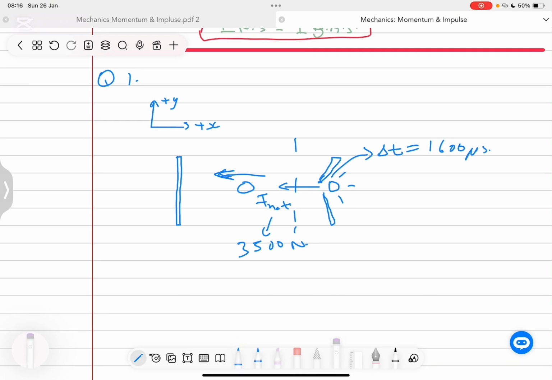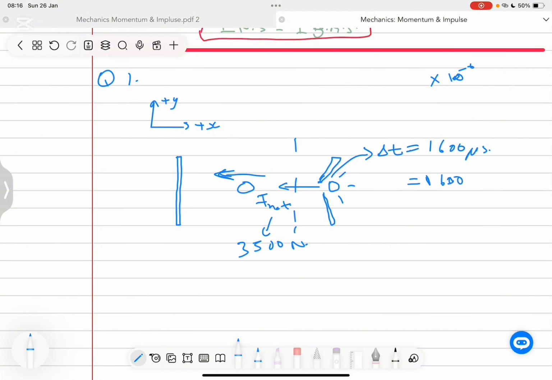It is important here to remember that we measure time in the SI unit of seconds. This means we have to convert that microsecond. The micro is a metric multiplier, and it stands for 10 to the power negative 6. Very important to know your metric multipliers and memorize them. How we convert this is very simple.